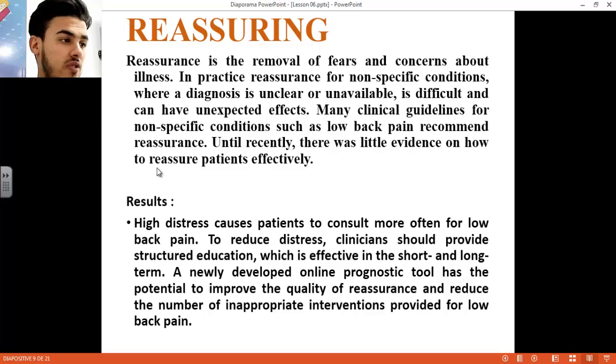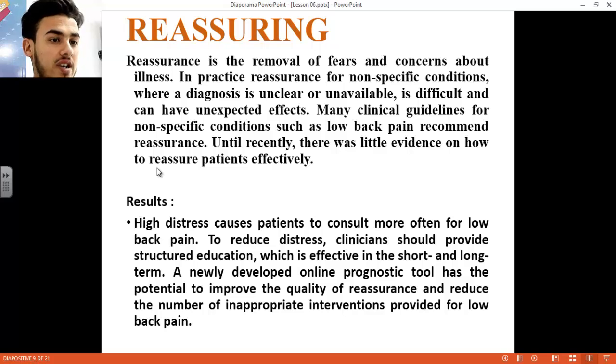Here we will see what are the results of reassuring. High distress causes patients to consult more often for low back pain. To reduce distress, clinicians should provide structured education, which is effective in the short and long term. A newly developed online prognostic tool has the potential to improve the quality of reassurance and reduce the number of inappropriate interventions provided for low back pain.